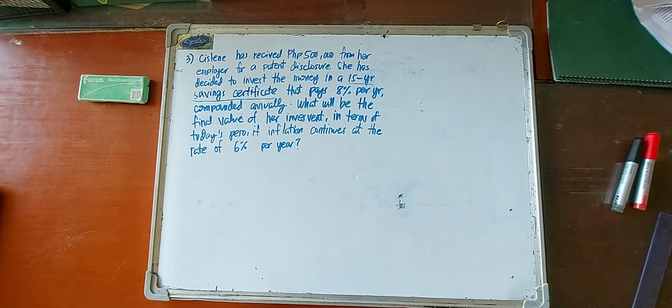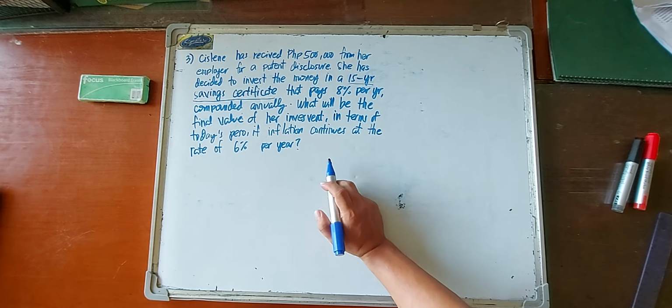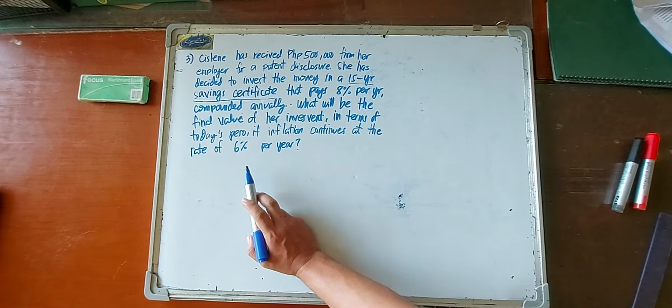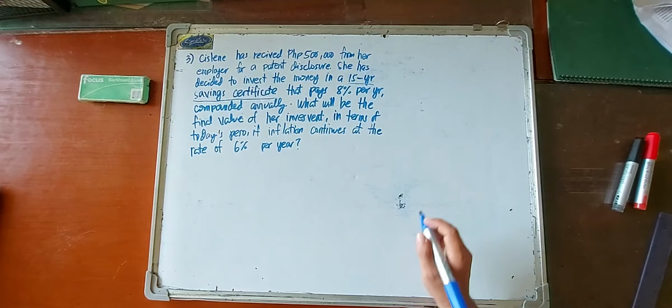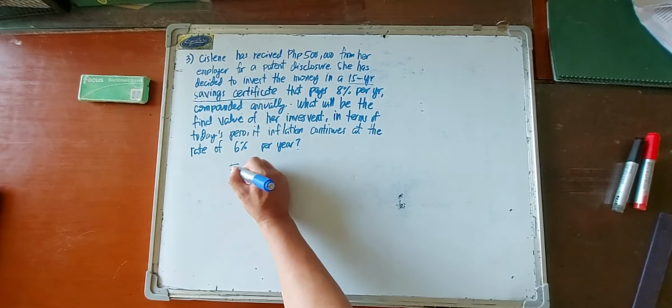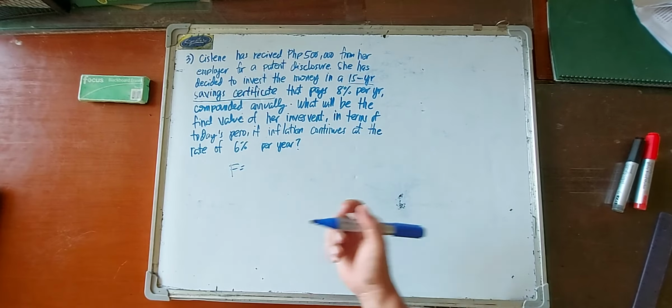So kapag separate yung number of compounding, then you have to compute the value of the investment in terms of yung interest, and then separate mo rin i-compute yung value niya in terms of the inflation rate. Okay? Yan. So let's compute for the value of the investment after 15 years.